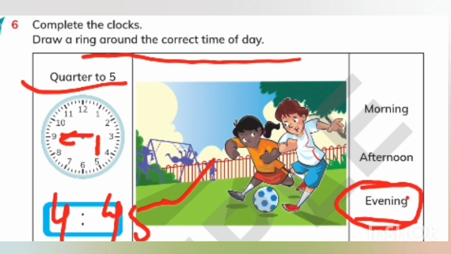Okay, and according to the picture you can also see 4:45 means evening time. So with the help of this picture also you can understand that this is not the morning, this is not the afternoon, this is the evening time. Okay, understand? Now you can circle around the evening.